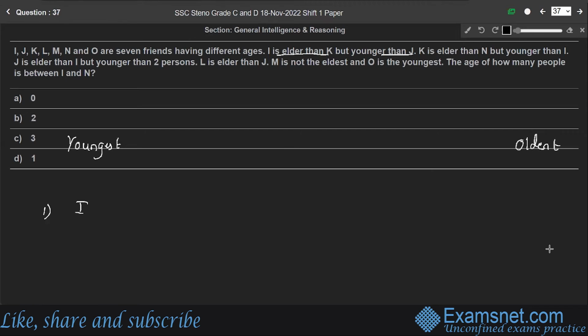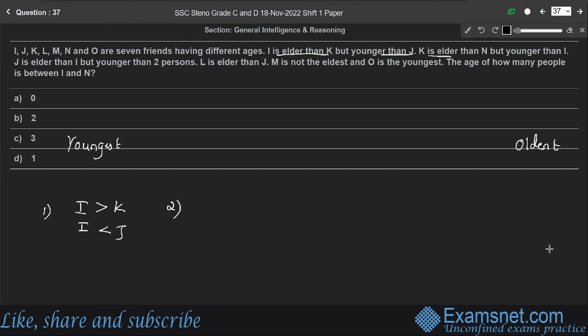I use the greater symbol for elder. I is elder than K, but I is younger than J. Therefore, I can say I greater than K. The relation between K and J is not given.